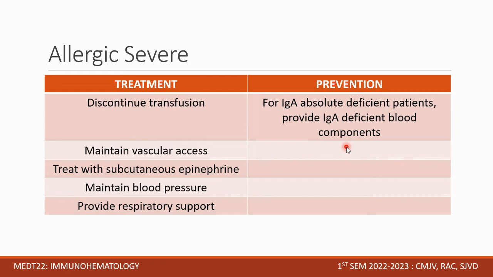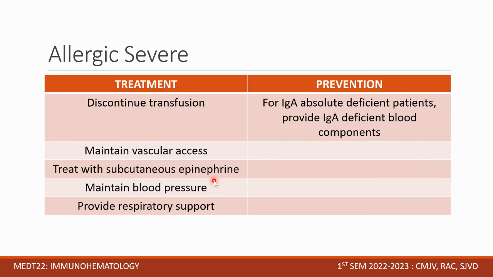For severe naman, so discontinue transfusion, itigil na talaga. Okay, huwag nang i-transfuse yung blood, maintain vascular access, and then treat with subcutaneous epinephrine. So epinephrine is important since pwedeng mag-anaphylactic shock si patient, totally mag-close off yung kanyang bronchus, so hindi makakahinga.